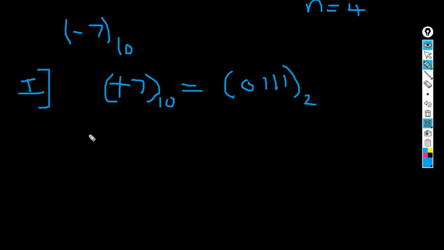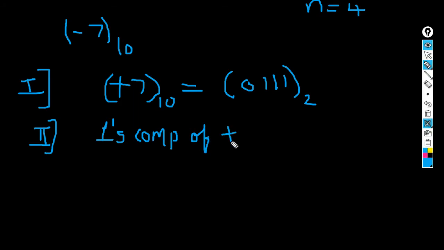Step 2, find one's complement of plus 7. We represent this as y bar. This y bar is equal to 1000.